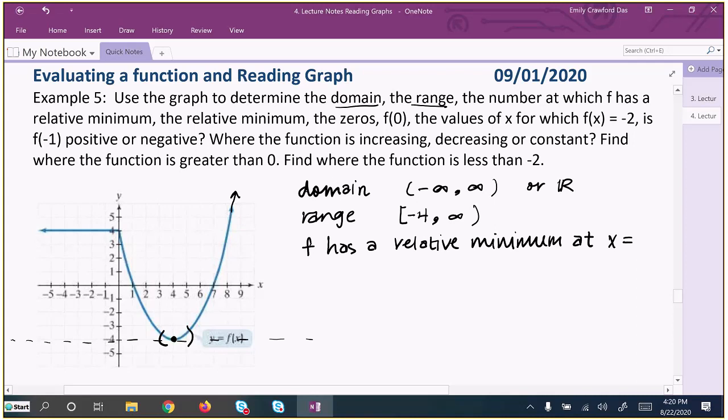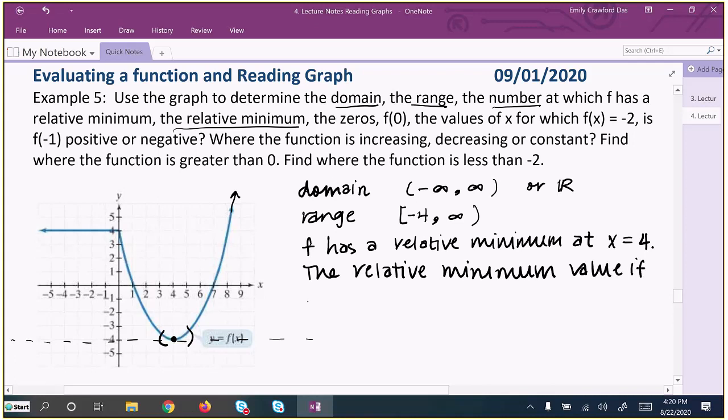So this occurs when x is equal to 4. And what is the relative minimum value? It is y equals -4. In this case, this is also the absolute minimum, as we talked about, because the range doesn't include any smaller values, but we know that a relative minimum doesn't have to be an absolute minimum.